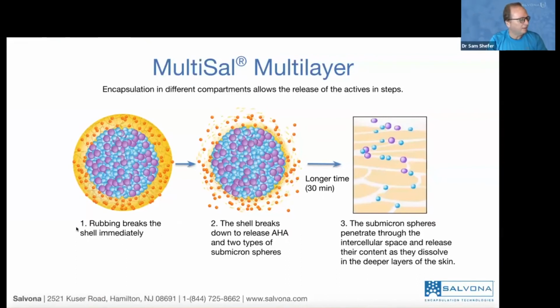There is a little bit of a break when you rub it with the water, then the shell gradually will break down. It will take an hour or two until all the acid is released. Now, there is another value of separating the release. Acid typically will reduce the pH for a time.